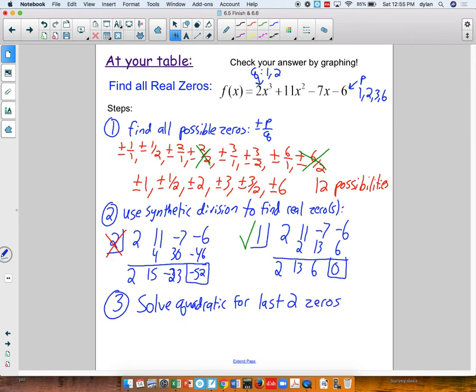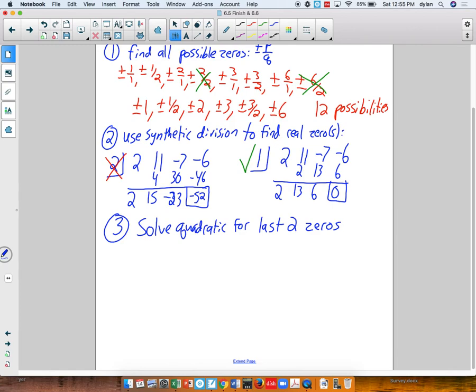Now, sometimes if it's more than a cubic function, you may need to do the guess and check multiple times to get down to the quadratic. In this case, though, we only had 1, because we've got 2x squared plus 13x plus 6 equals 0. That's our quadratic function for this problem, right?